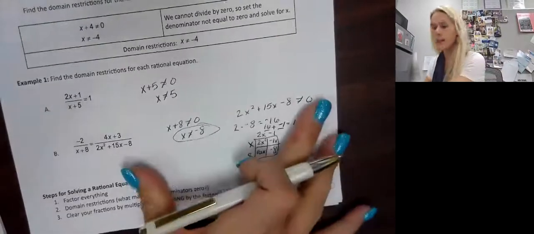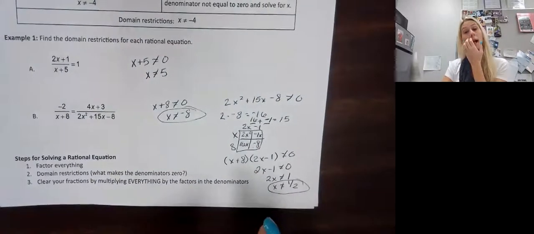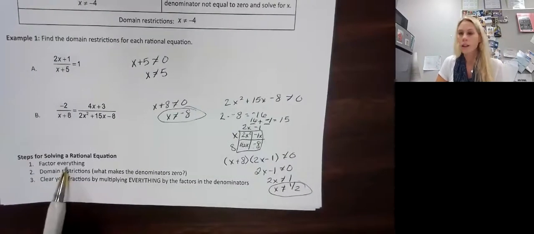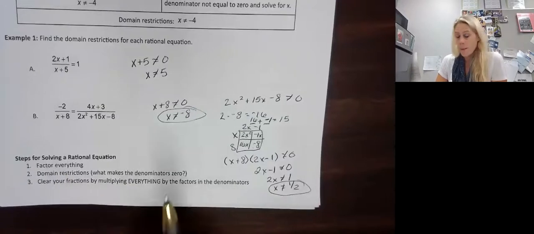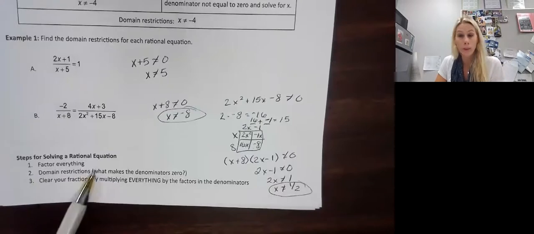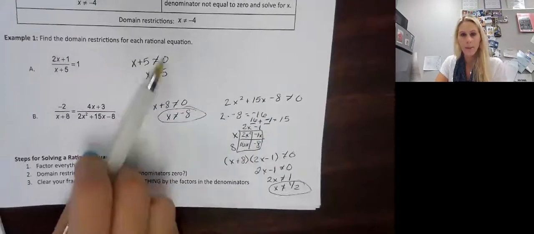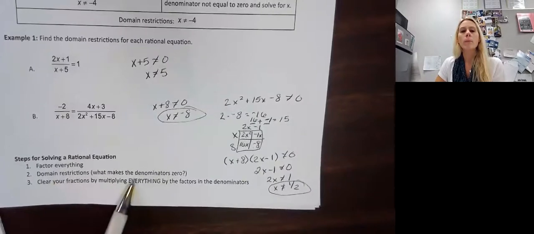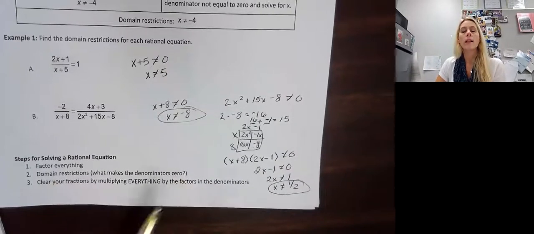All right, now that's just domain restrictions. That's not solving yet. So when solving, these are the steps I want you to come back to, to make sure you're doing this every time. First, you're going to factor everything. We've been doing that for a couple days now, right? After we factor everything, we're going to find our domain restrictions, just like we did up here, okay? Then we're going to clear fractions by multiplying everything by factors in the denominators.